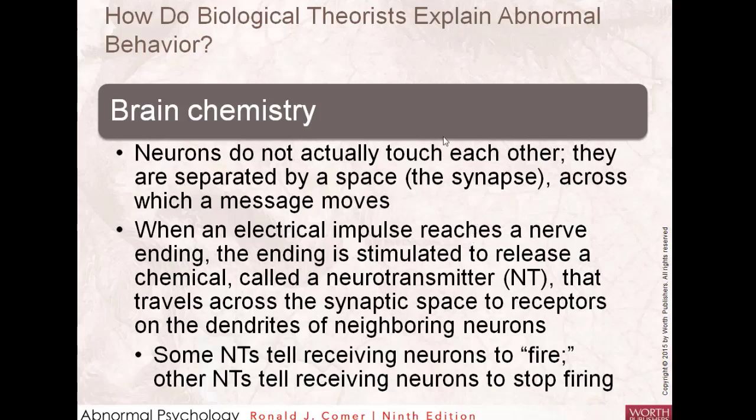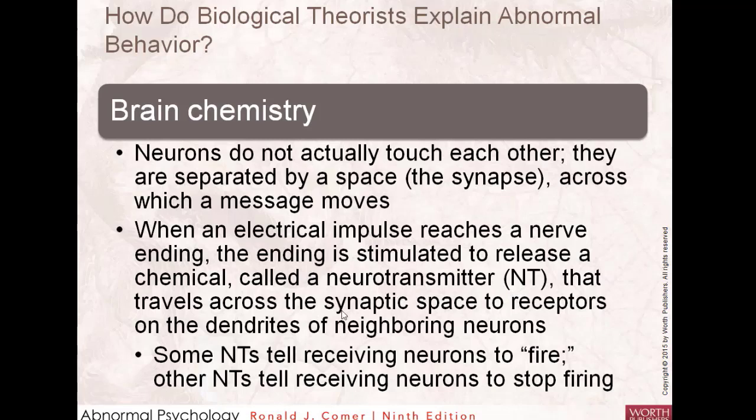That's an important thing to understand, because right there in that synapse is where a lot of our medications do their work. So this is what I've just been saying. Neurons don't actually touch each other. There's a synapse, or a synaptic cleft, or a gap, you'll hear different terms, in between one neuron and the next neuron. So the message has to move across, and it needs to move across in a chemical way. When the electrical impulse reaches the terminal junction, the end of one neuron, then it stimulates the release of neurotransmitters, which are just sitting around waiting to do their job.